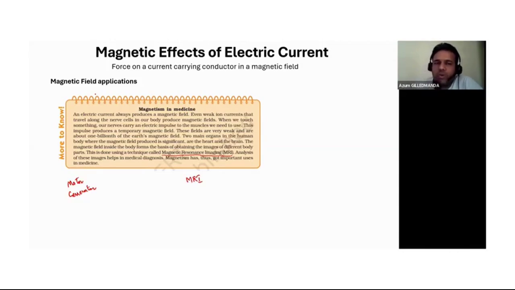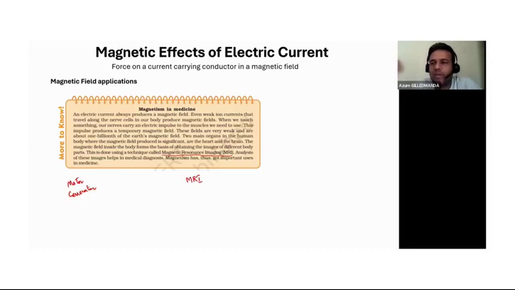The MRI machine passes an electric current, which produces a magnetic field, and the patient is placed within the magnetic field. Then the magnetic lines cut across the organs, and wherever there is an obstruction, they will not be able to penetrate.